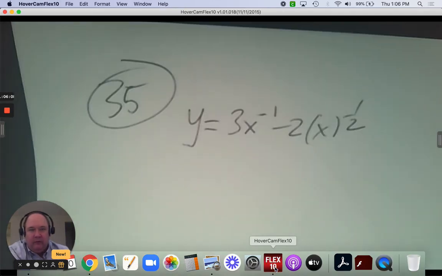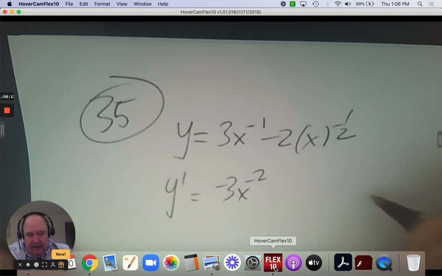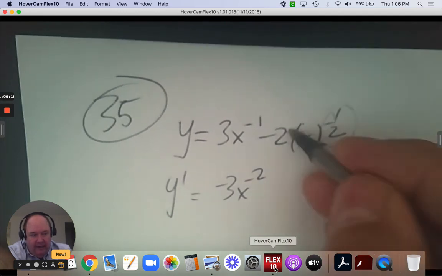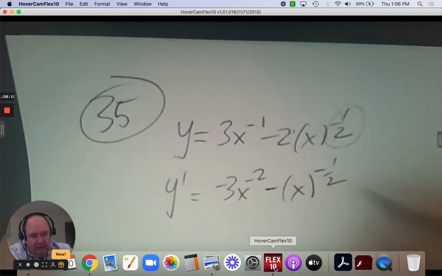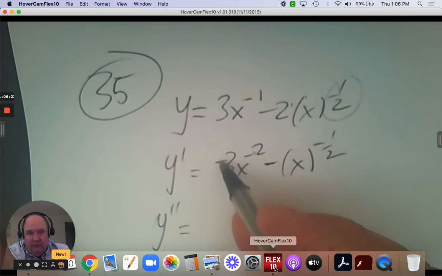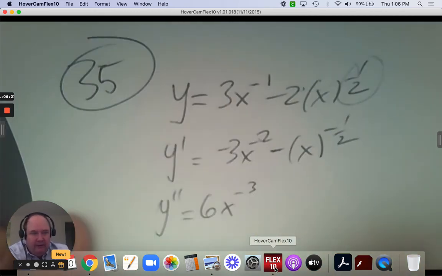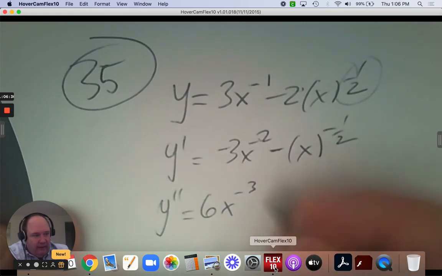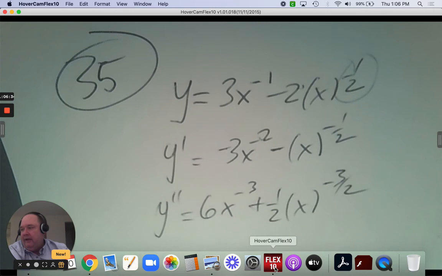That's what it's asked for. So the first derivative is negative 3x to the negative 2. 1/2 times 2 is negative 1, and then subtract 1 to the exponent. To find the second derivative, again, negative 2 times negative 3 is positive 6. Subtract 1 to the exponent. Negative 1/2 times negative is plus 1/2, and then subtract 1. And you get the answer.